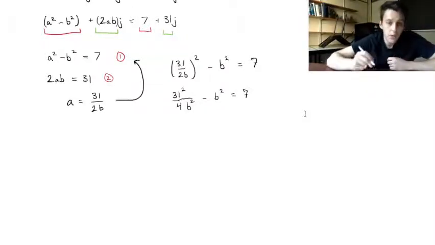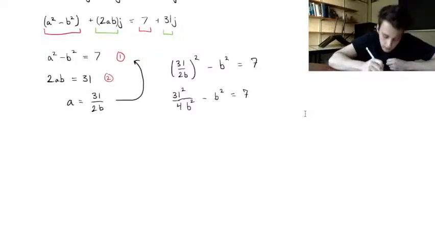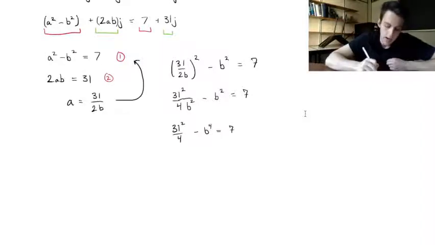All right. We also don't like that b squared in the denominator, so let's multiply everything by b squared. This will give us 31 squared over 4, so some number, and the b squared will cancel out there. This will be minus b to the 4 equals 7 times b squared, right?